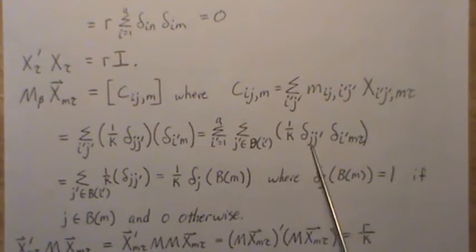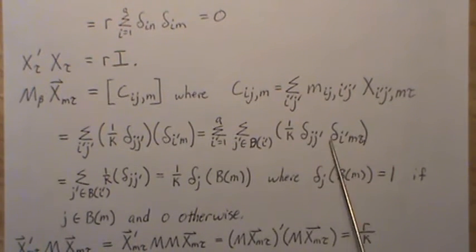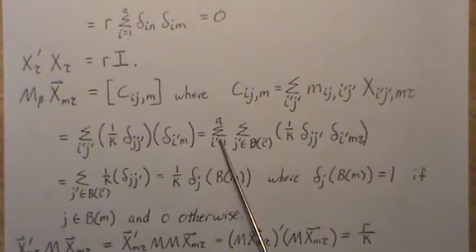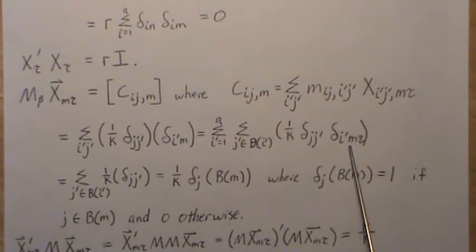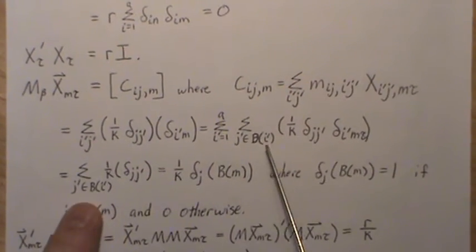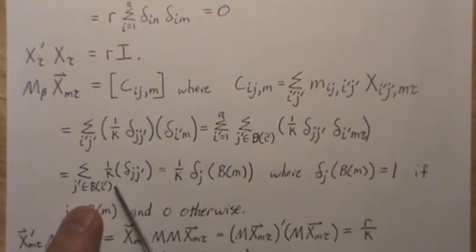Now, since there's only one I prime here, and this is 0 or 1, and it's only 1 when I prime gets to m, right? So there's only one time that is 1. It's when I prime is m. So it's like we didn't add it, and it goes away. So what's left is j and this right here, right?